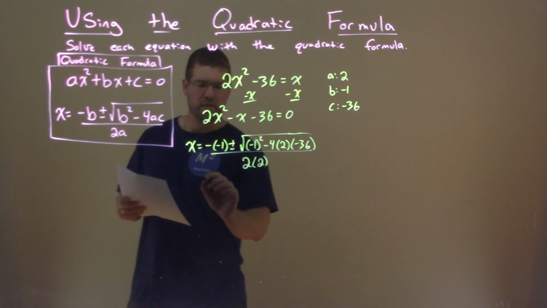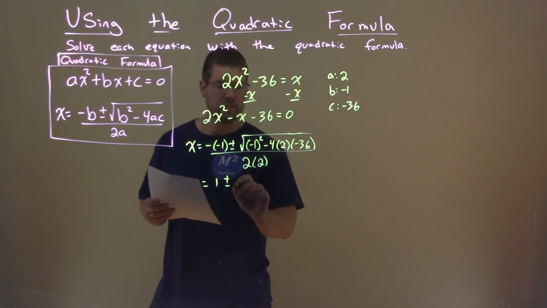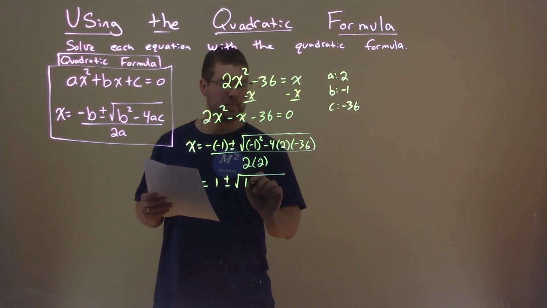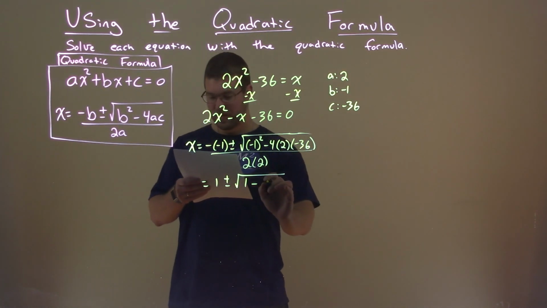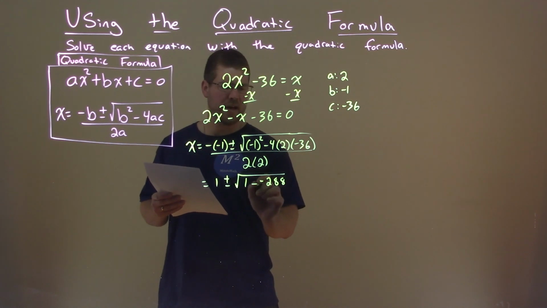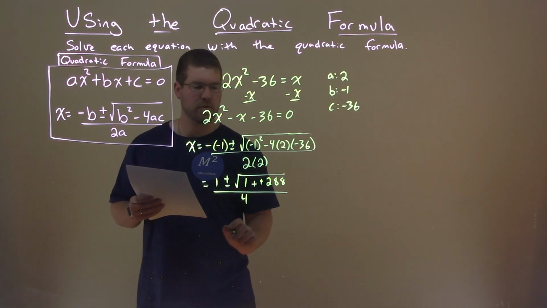So now let's simplify this. Negative negative 1 is a positive 1, plus or minus the square root, well, negative 1 squared is a positive 1, minus 4 times 2 times negative 36 is negative 288. Well, minus and negative is like adding a positive. All over 2 times 2, which is 4.